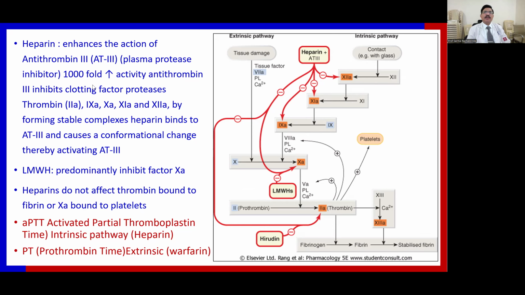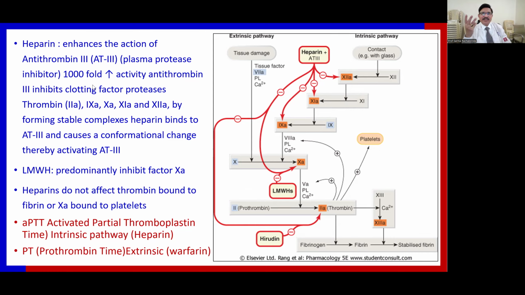Extrinsic pathway. Another patient, APTT is prolonged, PT is normal, thrombin time is prolonged. Intrinsic pathway. Another patient, APTT is normal, PT is normal, thrombin time is prolonged. Common pathway.